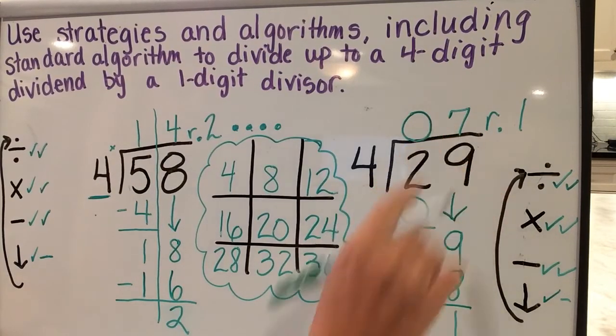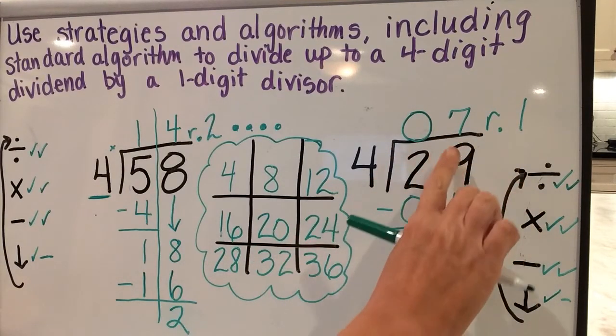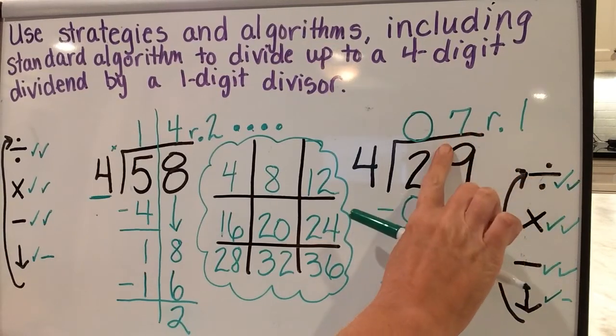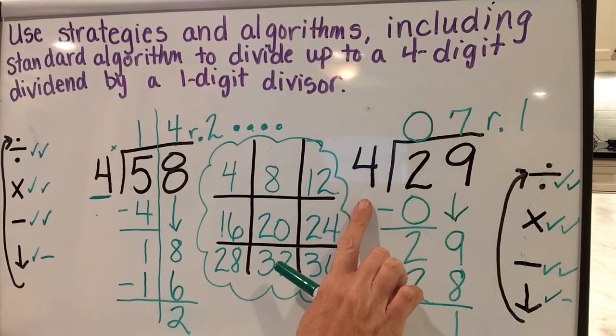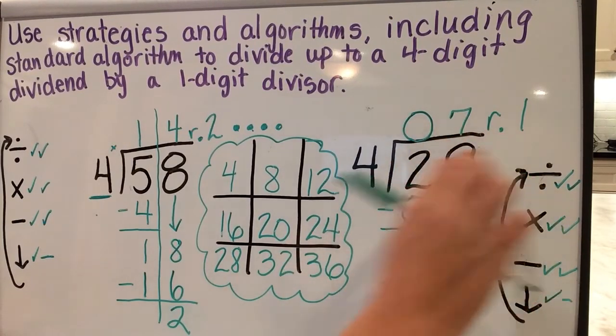I can give them 7 pieces of candy, but 1 piece is left over. So I can either set it to the side or I can eat it myself. But this would be my answer, that I have 7 pieces of candy to each friend with a remainder of 1. So 29 divided by 4 equals 7 with a remainder of 1.